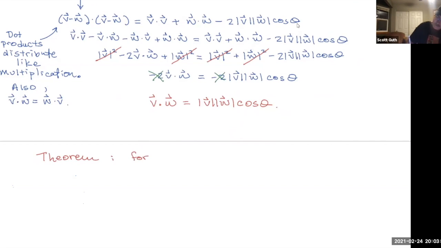For any vectors v and w, and I don't even think I'm going to exclude the zero vector because the equation is still true. You may not know what the angle that separates a vector from a zero vector is, but it doesn't matter because you'll get 0 on both sides anyway. So we'll say v dot w is magnitude of v, magnitude of w, cos theta.